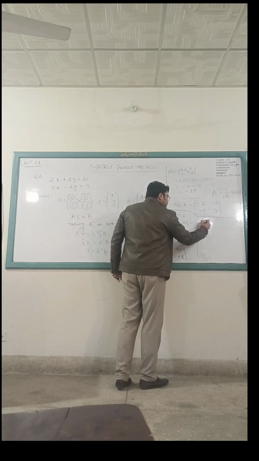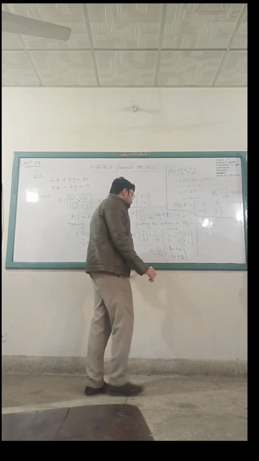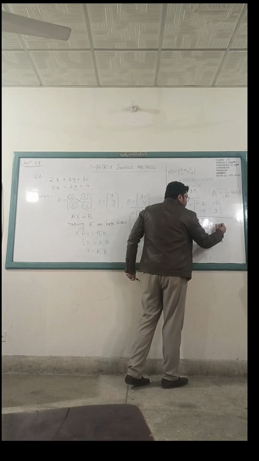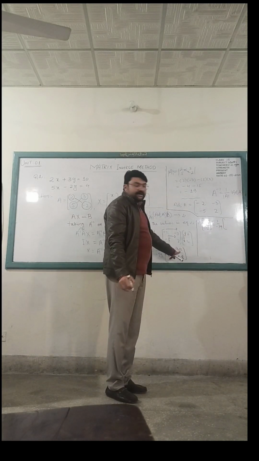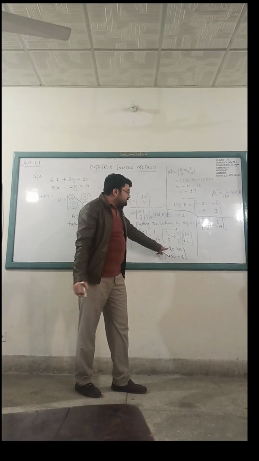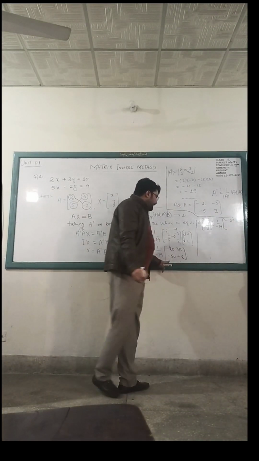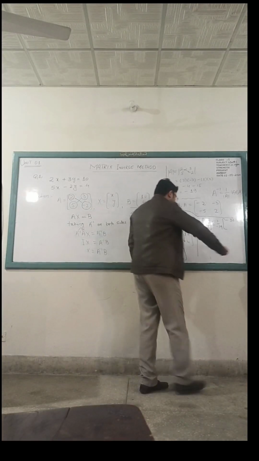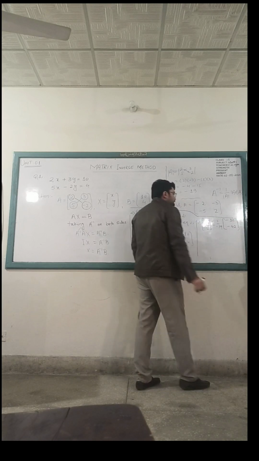After that, this implies that [x y] is equal to 1 by minus 19 times [minus 20 minus 12; minus 50 plus 8]. It will become minus 32, and similarly minus 50 plus 8 will become minus 42.